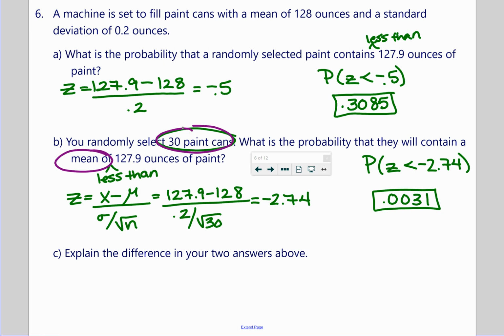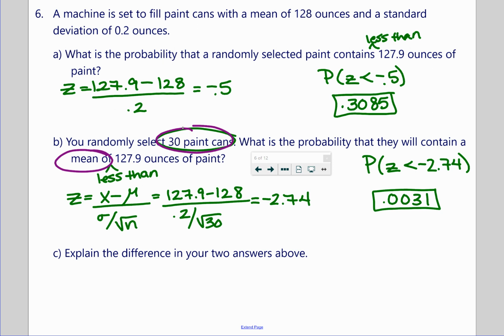In part A, it's the probability of one paint can, and in part B, we're taking 30 paint cans and averaging all of their ounces together. So the likelihood that it's below is significantly smaller than if I just look at a single paint can.